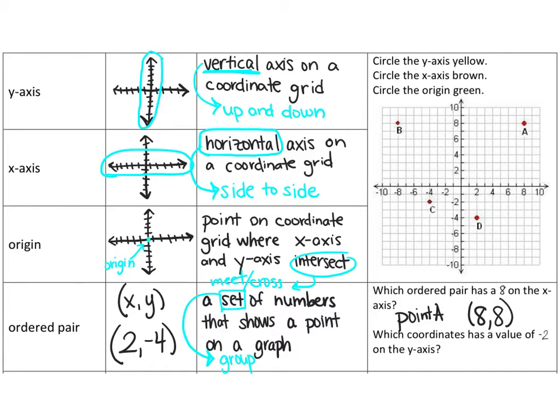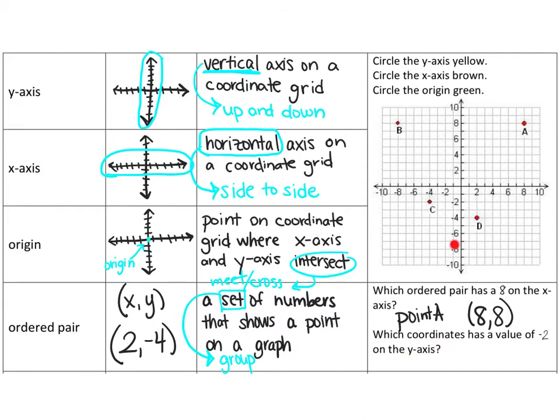All right. Then the next question. Which coordinates, which is our next word, has a value of -2? So coordinates is the same thing as ordered pair. Which one has the coordinate of -2 on the y-axis?